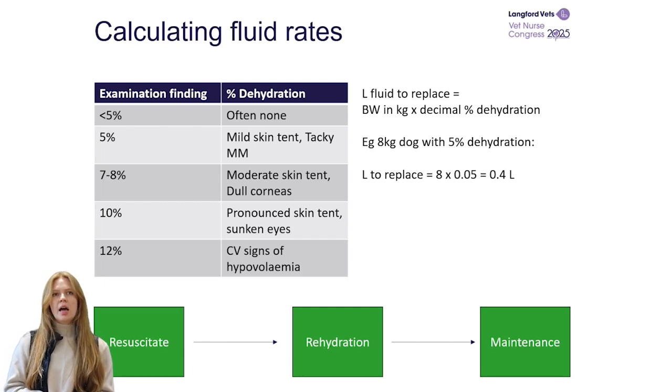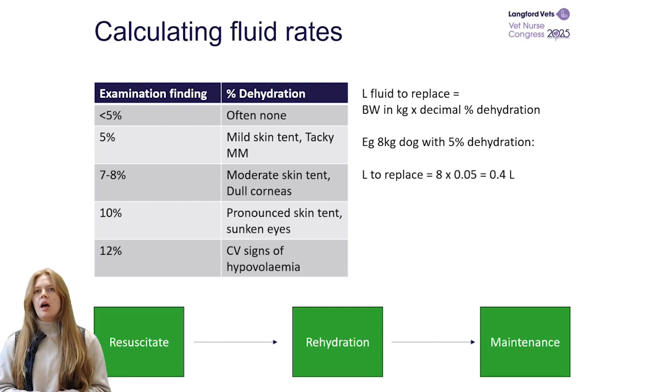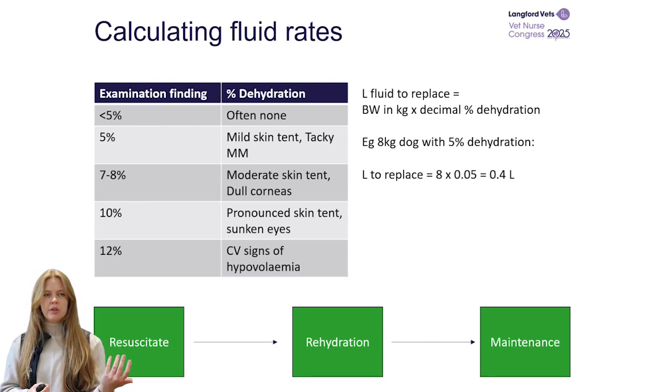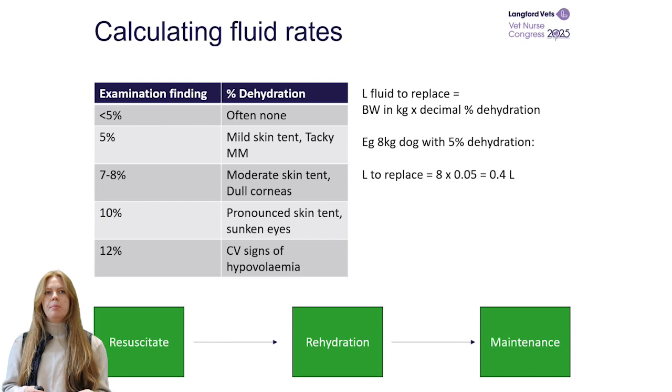So in terms of the fluid calculation that we do, to work out how much the fluid is in deficit, we look at the percentage, we turn that into a decimal, so we divide it by 100. So for example, in the 5% example it becomes 0.05, in the 12% it becomes 0.12, and we times the patient's body weight by that decimal number, and that will give us the number of litres to replace.